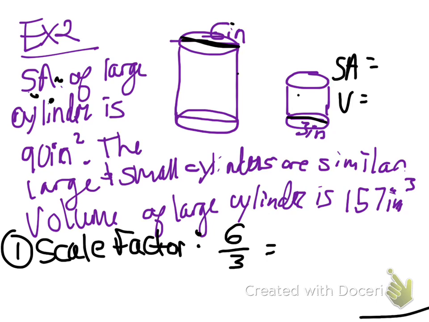So that is 2 over 1. So then the ratio, if we wanted to set this up, this is for solids, right? But we want to find a surface area and a volume. Let's start with surface area.